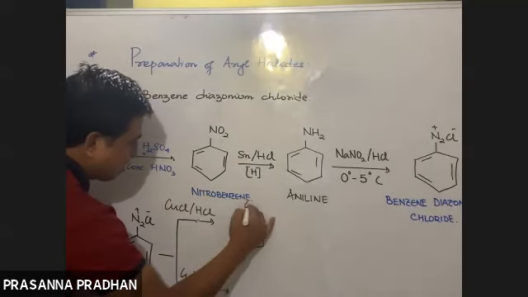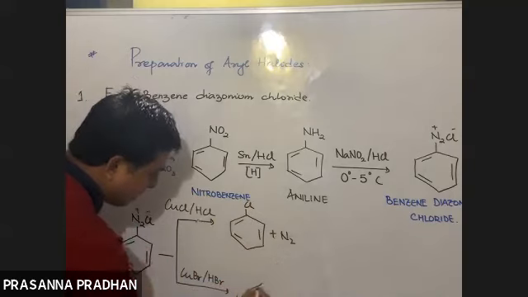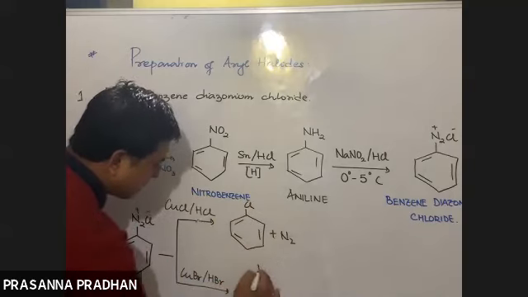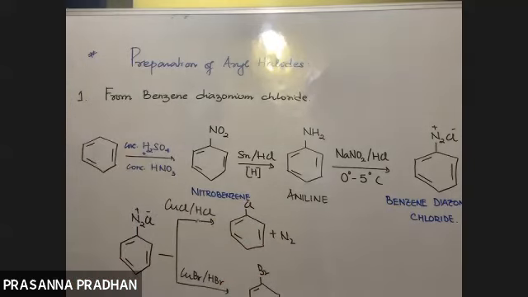We get chlorobenzene plus nitrogen gas, and in the second case the diazonium group is substituted by chlorine and bromine respectively. And this reaction is known as the Sandmeyer reaction.